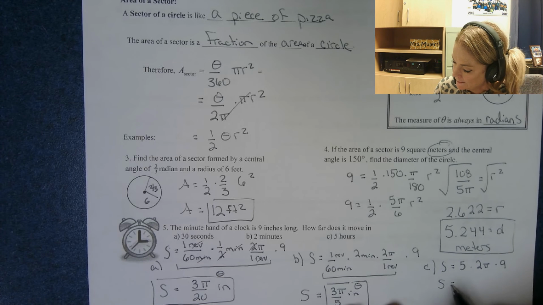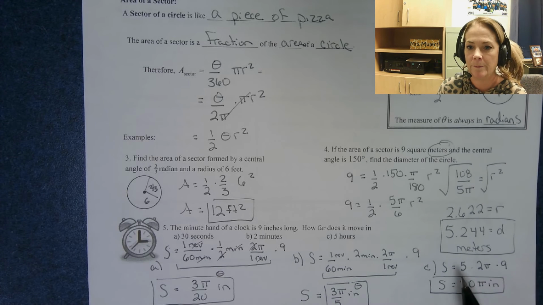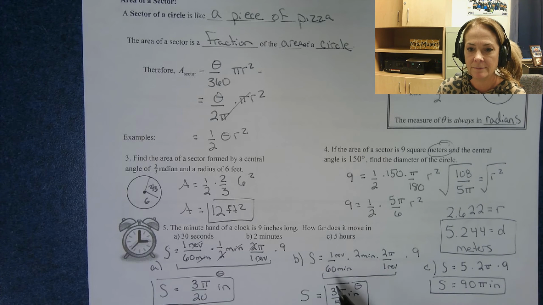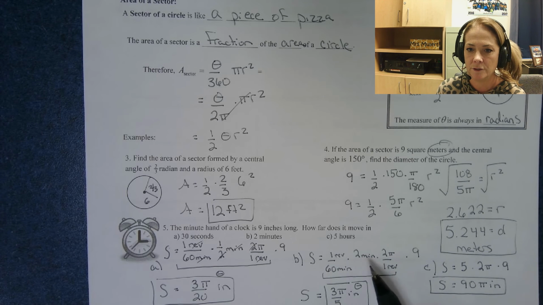So this one comes out to be 90 pi inches. All right, so that would be 1 revolution per 60 minutes times 5 hours, so you could pull all of that in and you'd end up just getting the times 5. 5 times 2 pi times 9.